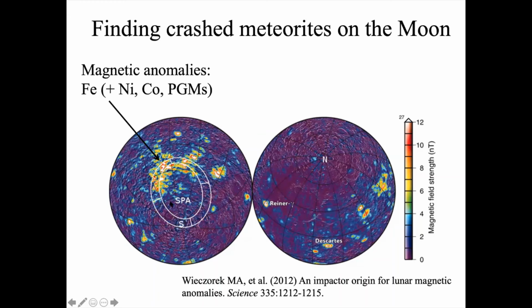This is the South Polar Basin, which is a large impact structure on the far side of the moon near the lunar South Pole. Anyway, metallic asteroids will leave a magnetic signature, and we might locate them on the moon through flying magnetometers to detect their magnetic fields or signatures. So if we were to visit these localities, we'd hopefully find an iron meteorite, but entrained in it would be the nickel, the cobalt, and the platinum group metals.